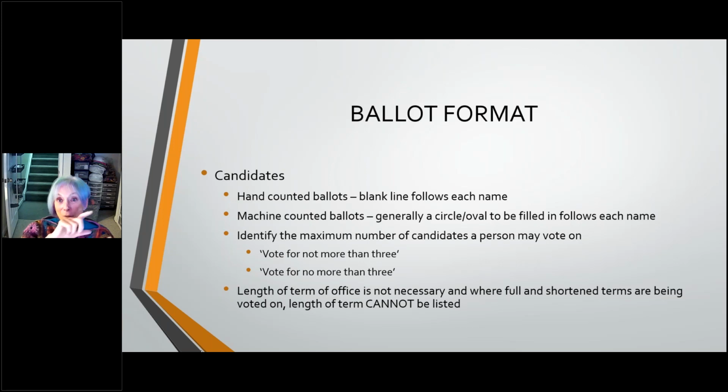On the front, you have a title on your ballot for paper. It'll say the name of your municipality, regular municipal election, the date of the election, and then there is the warning. The warning is in statute, just copy it directly as you see it, and then that's when you would list your candidates, your ballot items, etc. While that's not in this slide, I wanted to make sure that you all had that information.